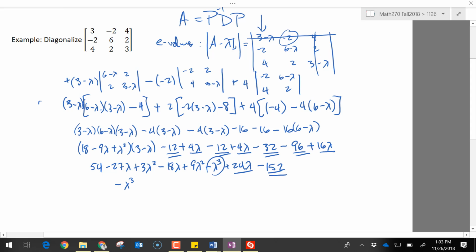The lambda squareds come to 12 lambda squared.